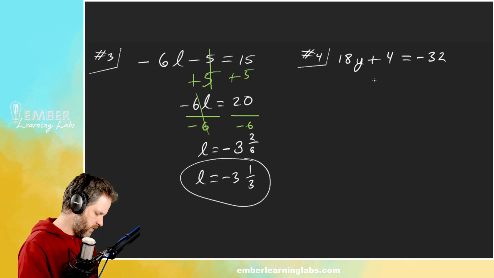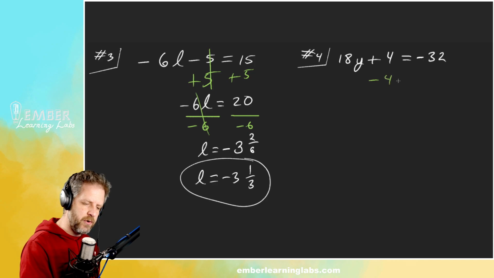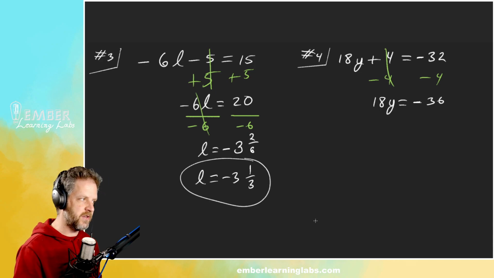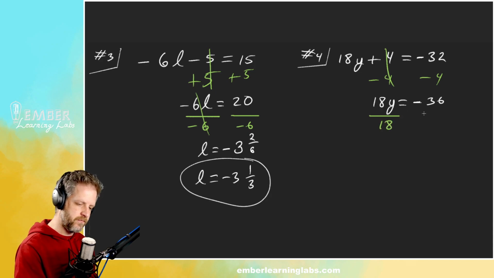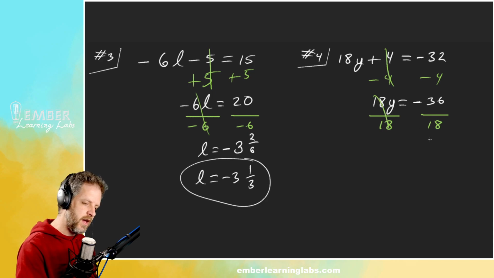All right, so here we would have subtracted 4 and ended up with 18y equals negative 36. And then we would have divided by 18, and ended up with y equals -2.